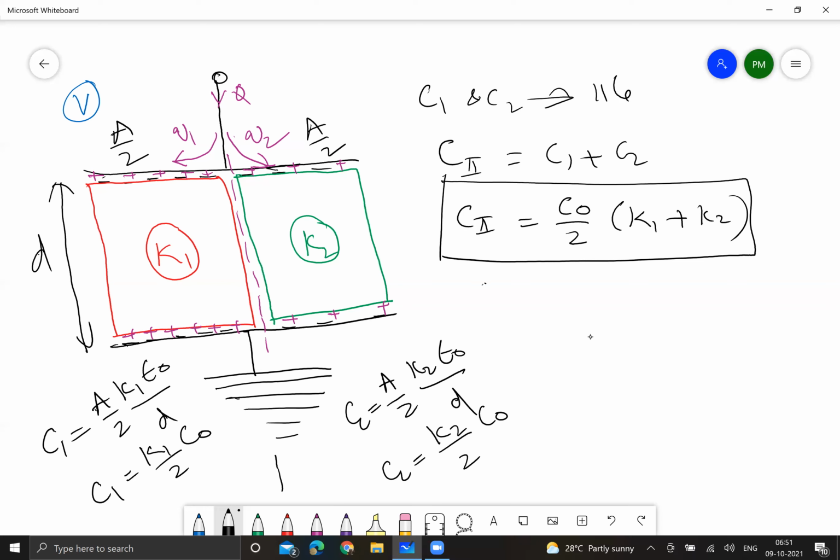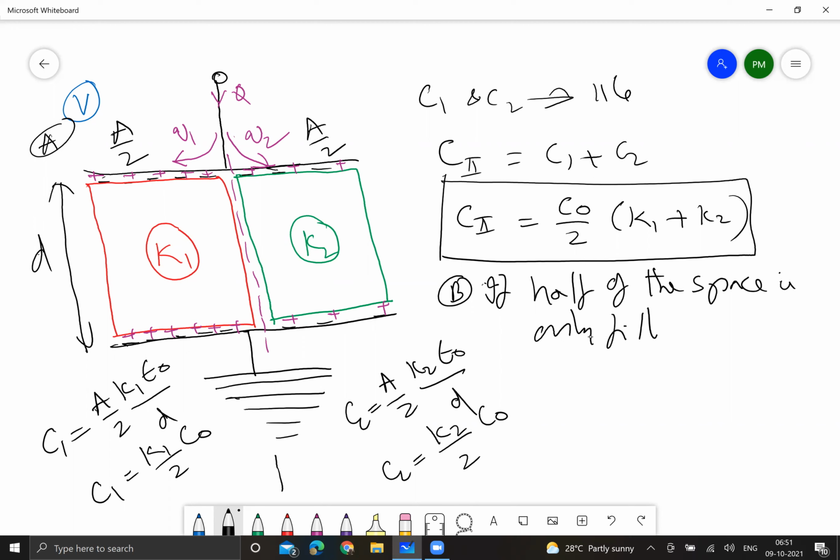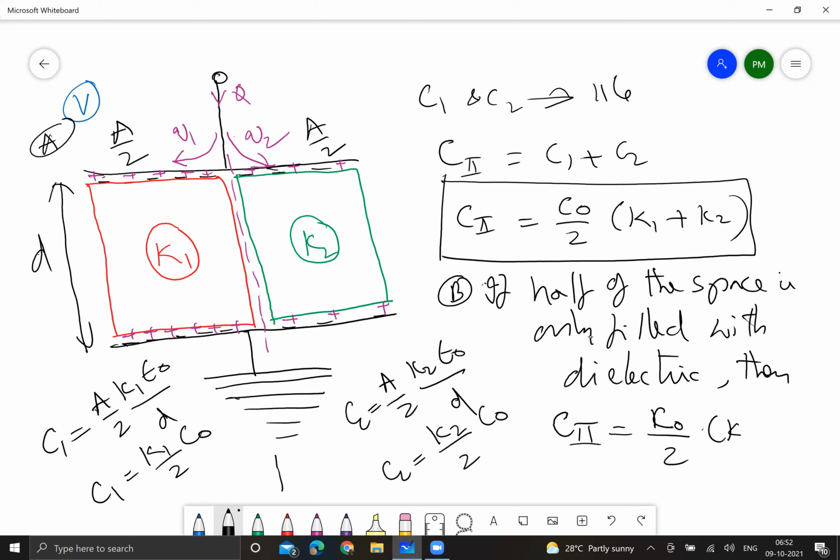Here also, if half of the space is only filled with dielectric, then we'll be getting C0 by 2 into K plus 1. That's all.